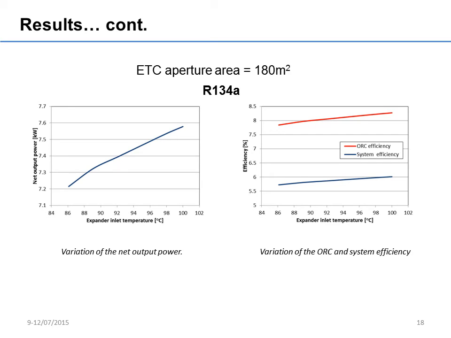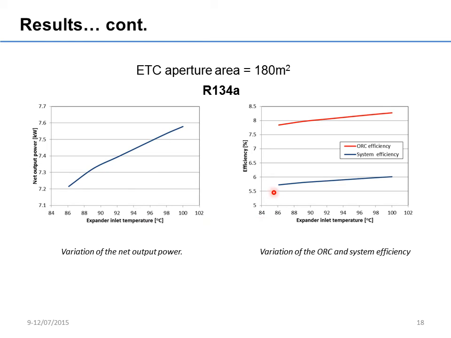So these two figures show the effect of the expander inlet temperature after superheating for R134A. The first figure shows the net output power against the expander inlet temperature. We can see that the net power output increases with the increase of the expander inlet temperature.